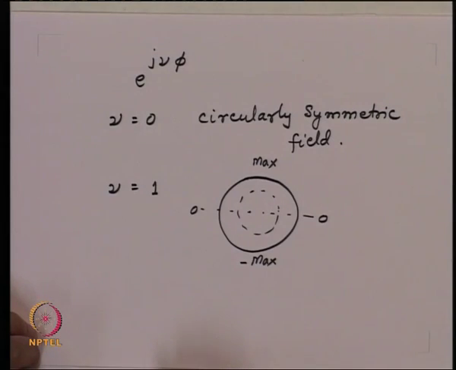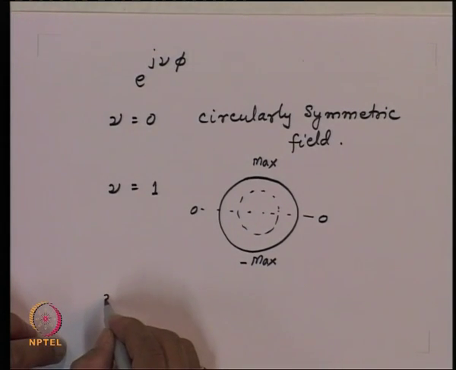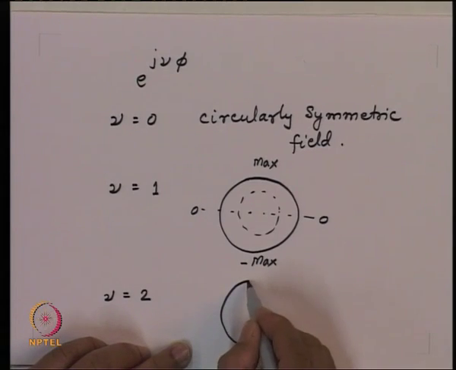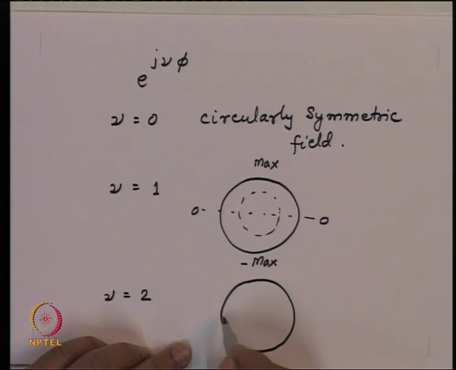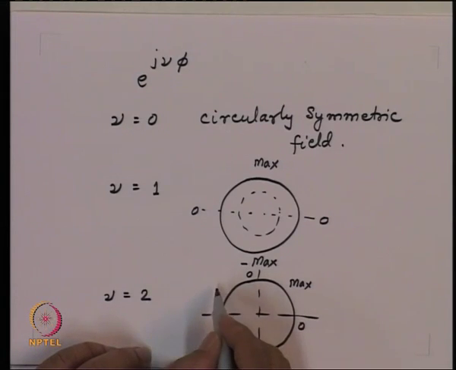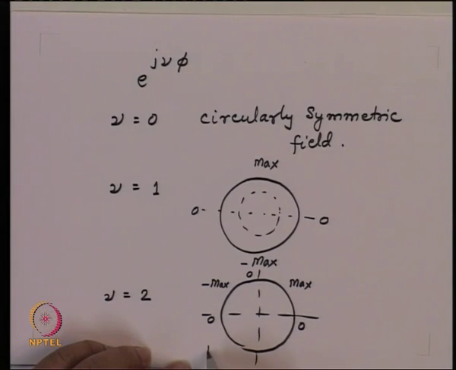Similarly, if I take nu equal to 2, then I will get the variation which will be going into two cycles now. So, it will be something like this. This will be 0 going through positive maximum, will be 0, will be negative maximum, will be 0, will be positive maximum, 0 and negative maximum.